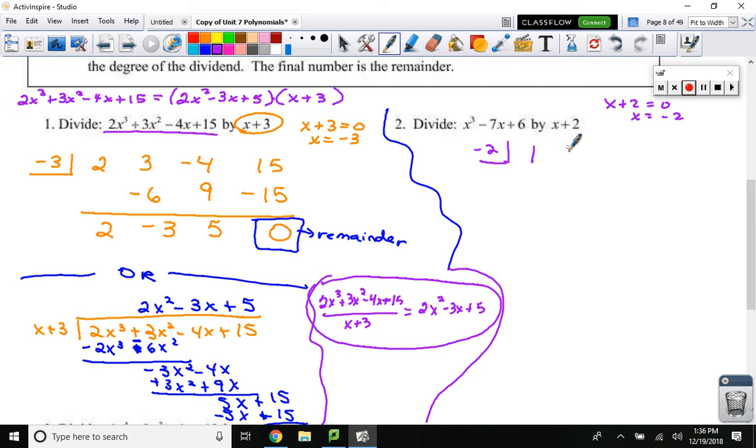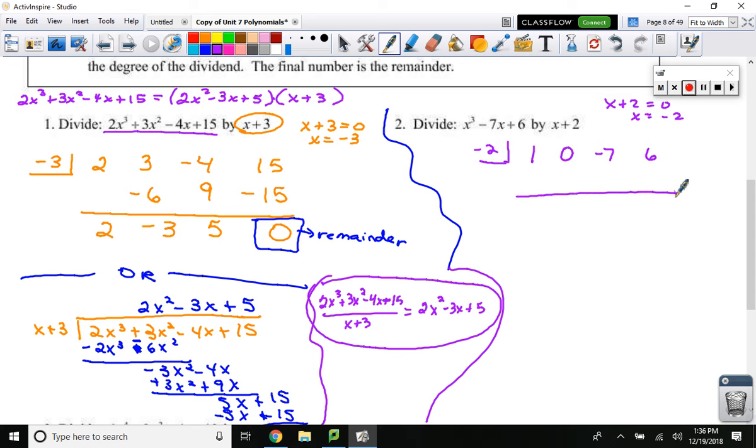There's no x squared, so I need a 0. What comes next? -7, and then I've got 6. So I needed that placeholder. You know how in long division we change all the signs? This is taking care of changing all the signs, that's why we add down.